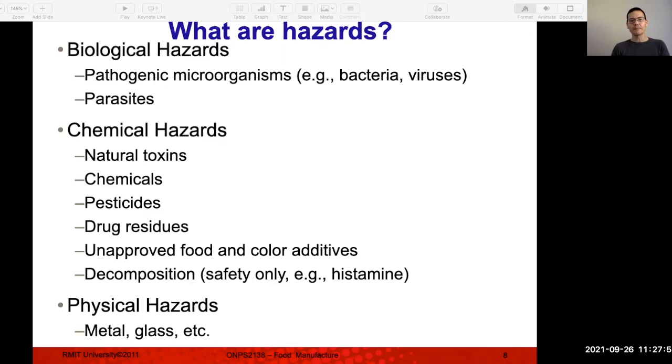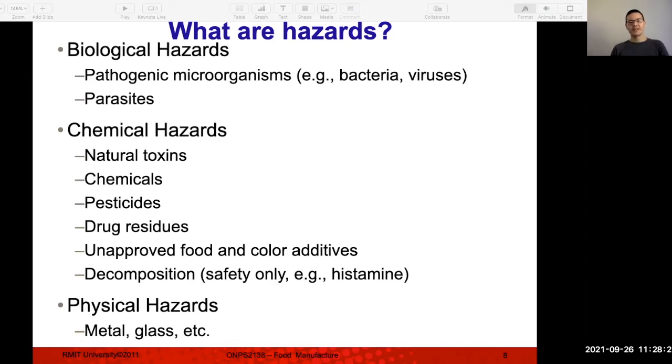Chemicals, like cleaning chemicals, for example, from the manufacturing environment, pesticides or drug antibiotic residues from the agricultural environment, and unapproved food and color additives, or just unapproved additives in general, which would pose a risk because they haven't been approved.